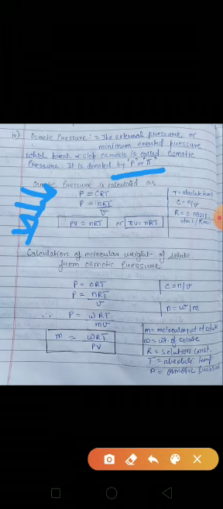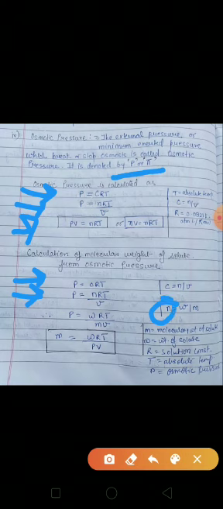Now, calculation of the molecular weight of the solute from osmotic pressure. As we know the relation, P = CRT or P = (n/V)RT, and we know n is the number of moles. Number of moles is calculated as given mass upon molecular mass or molecular weight.